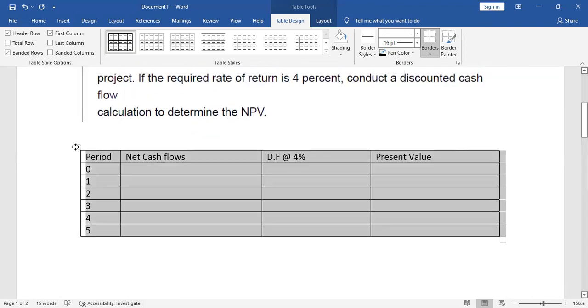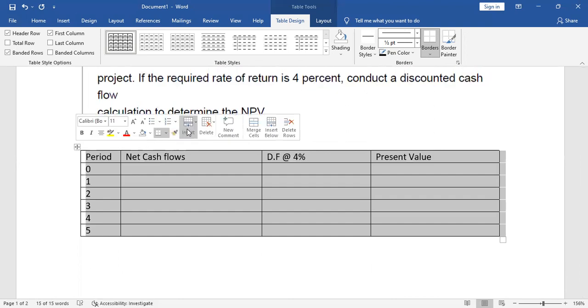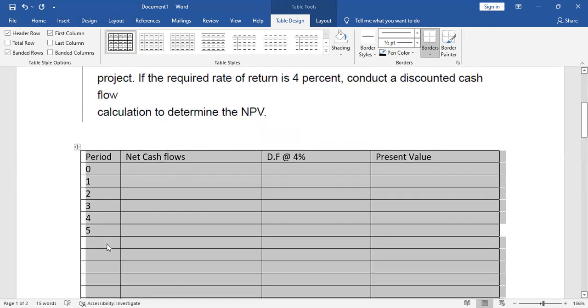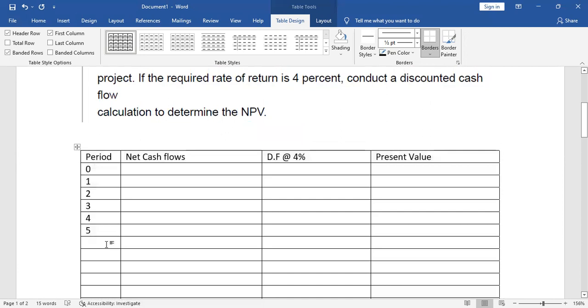Let me add some more, and I'll need the last one where I'll put my NPV.